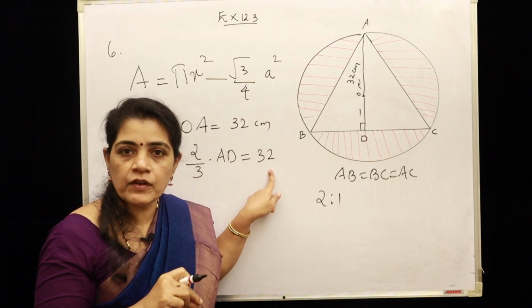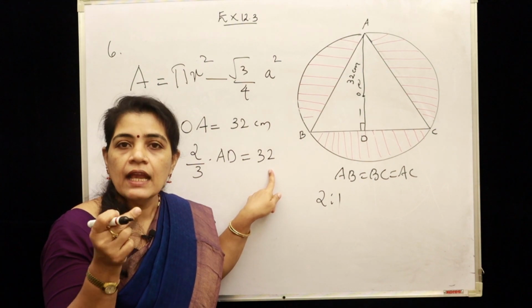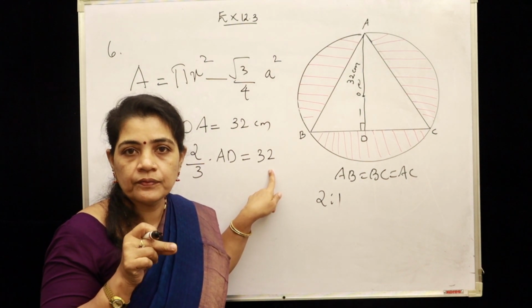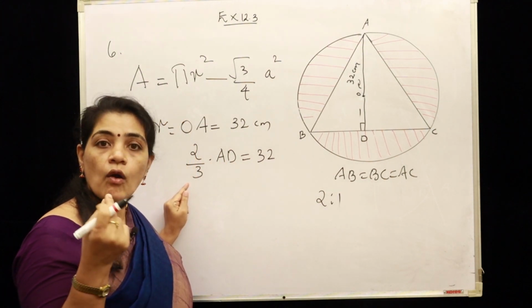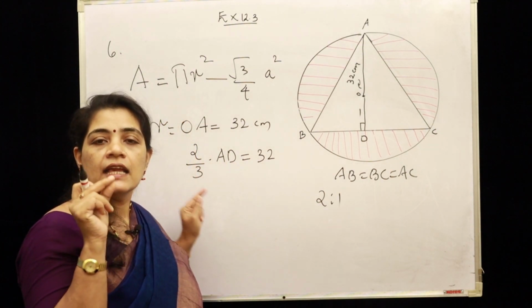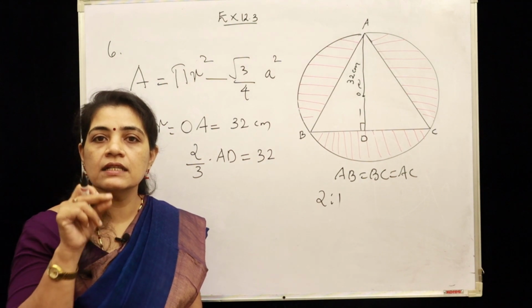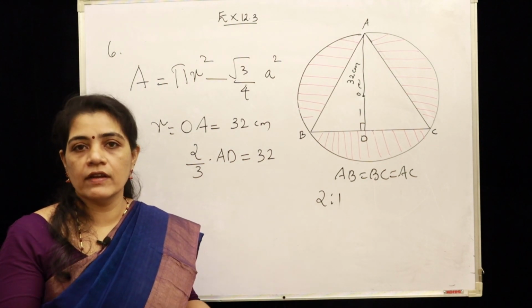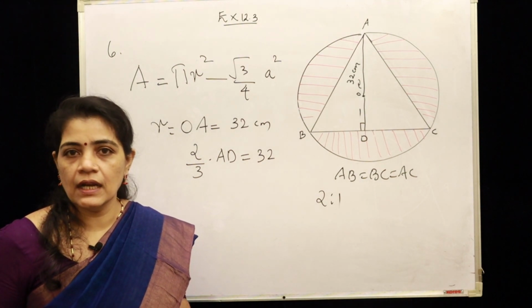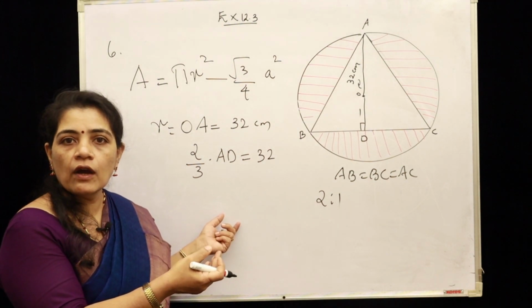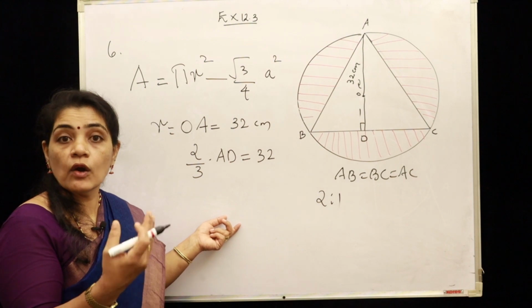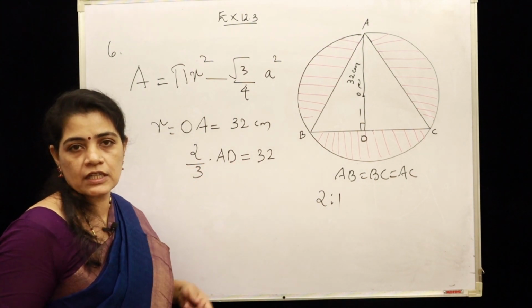So we have written this AD in terms of AO. That is, 2/3 of AD is the radius, that is AO is the radius, which is given as 32. Hope this step is clear to everyone. Yes? Okay, now we are going to find the median or the altitude, AD, with respect to this figure.